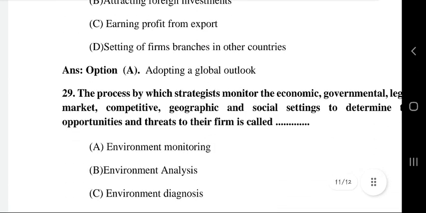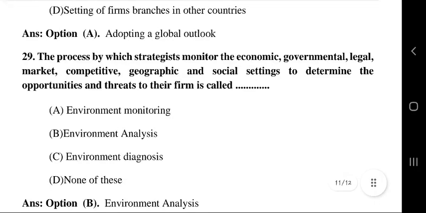Then question number 29. The process by which strategists monitor the economic, governmental, legal, market, competitive, geographical and social settings to determine the opportunities and threats to their firm is called.